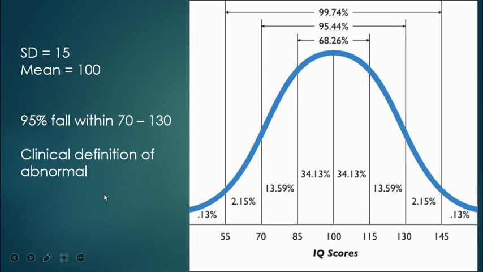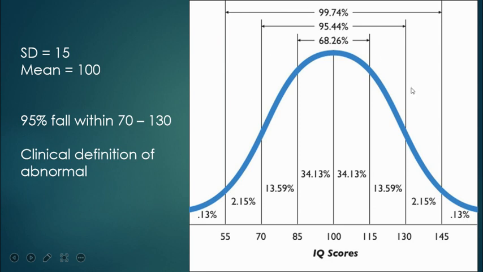Now, we have 5%, but we've got two sides of the curve that 5% has to fall on. So we actually have 2.5% on the lower end and 2.5% on the upper end. So 2.5% of people have an IQ below 70, and 2.5% of people have an IQ above 130.